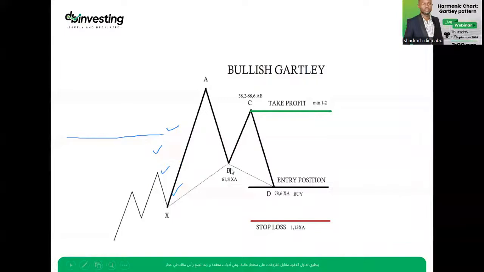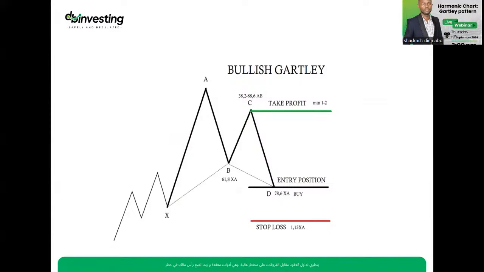Now, as regarding the Gartley pattern, we have the bullish Gartley, all right, and then we also have the bearish Gartley. So we are going to first of all look into the bullish Gartley, and then after that we look into what is known as the bearish Gartley, and then we'll take a case study of how it looks, and then that will be fine.